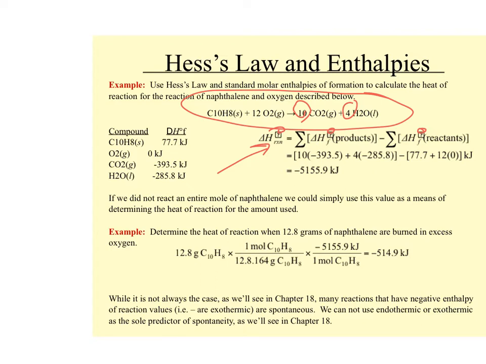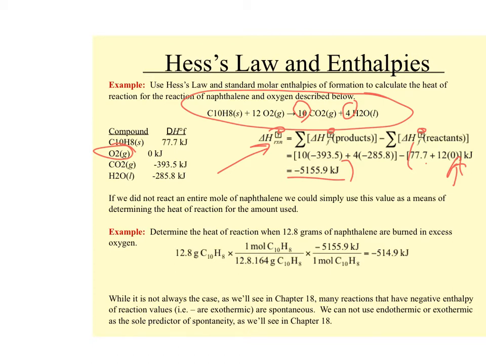Then I go over to the reactant side and look at this 77.7 kilojoules for the C10H8 and plug that in. It turns out that O2 is in its standard state, so it's 0. Now sum all these up, subtract out this 77.7, and we get the standard enthalpy of the reaction.